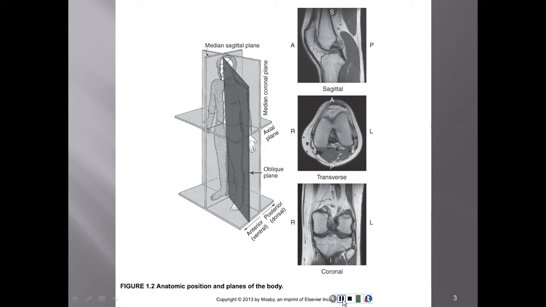The middle is the axial cut, right and left, and the lowest one is a coronal cut, so it also shows right and left.